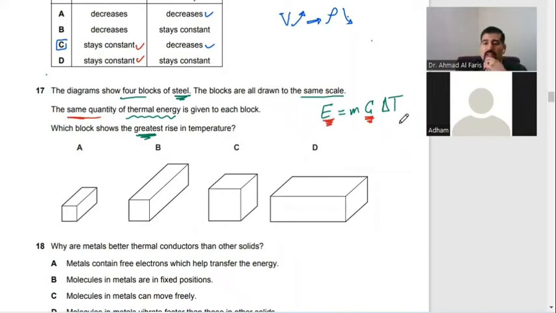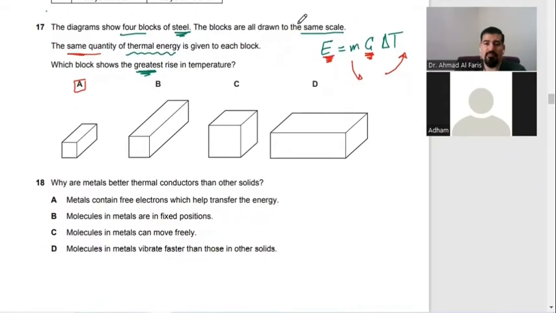So to make the change in temperature the highest value, the greatest rise in temperature, we need the mass to be the smallest value. And to get the smallest mass, we have to get the smallest volume. So the answer is A, the smallest piece of steel has the smallest mass. So that means the rise of its temperature will be the greatest. So the answer for 17 is A.